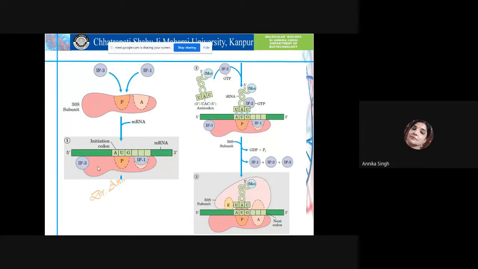This formation of the initiation complex starts with binding of two initiation factors onto the 30S subunit, that is IF1 and IF3.